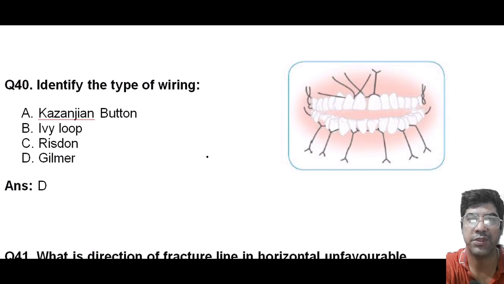Here the middle portion of the wire is twisted around the tooth. The free tails of the wires are then twisted together to form a plaited tail. That will allow stability and allow for intermaxillary fixation.